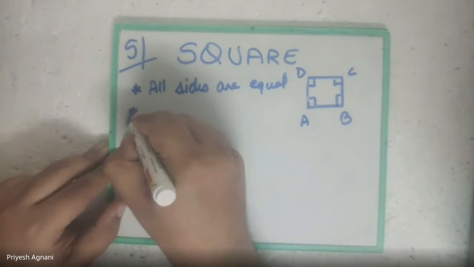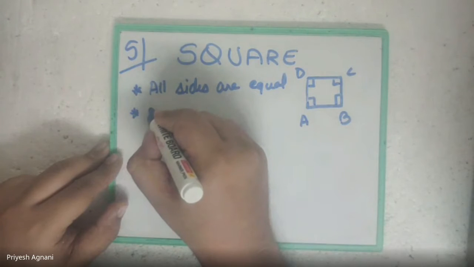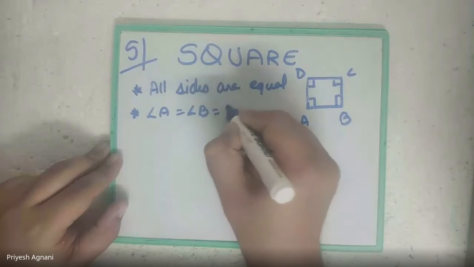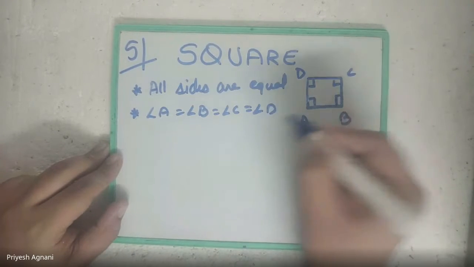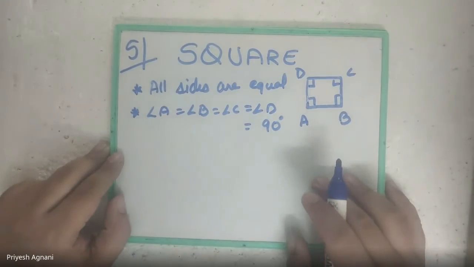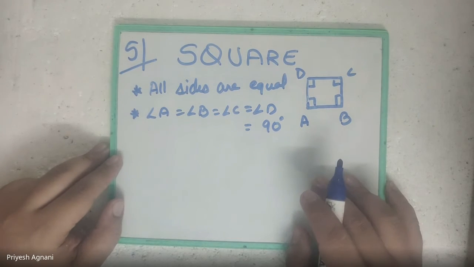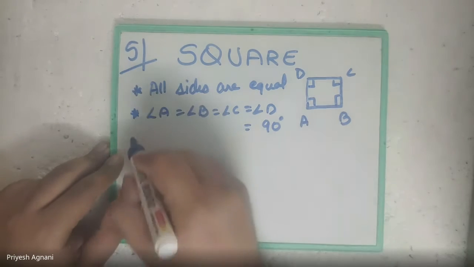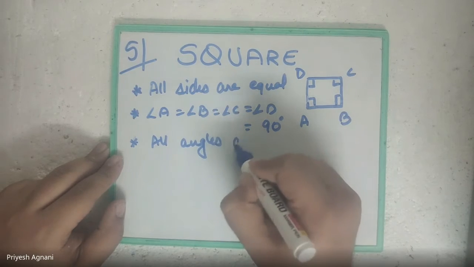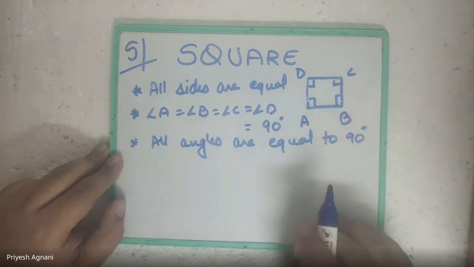Okay, sorry. Angle A is equal to angle B is equal to angle C is equal to angle D, which is equal to 90 degree. इसका मतलब ये हुआ all angles are equal to 90 degree.